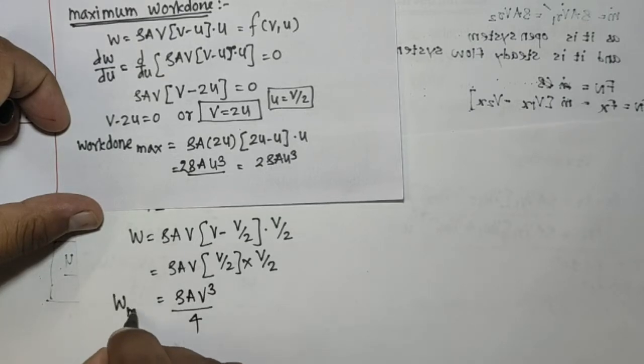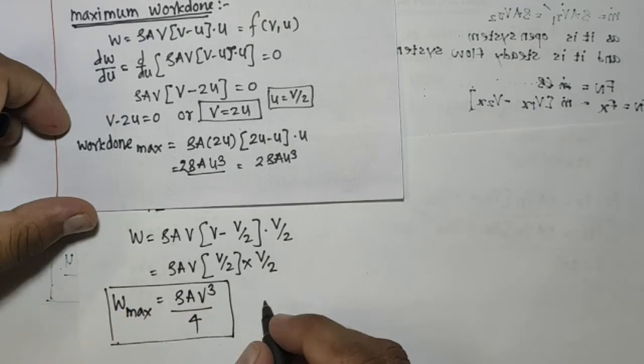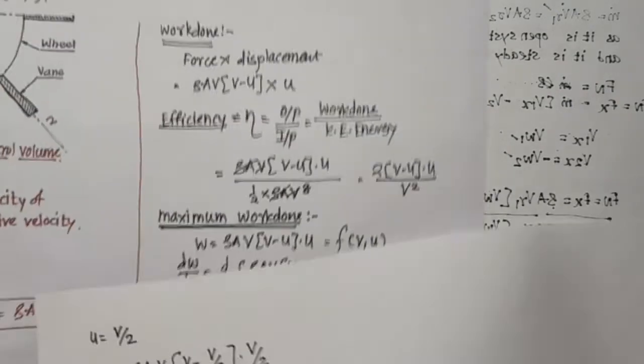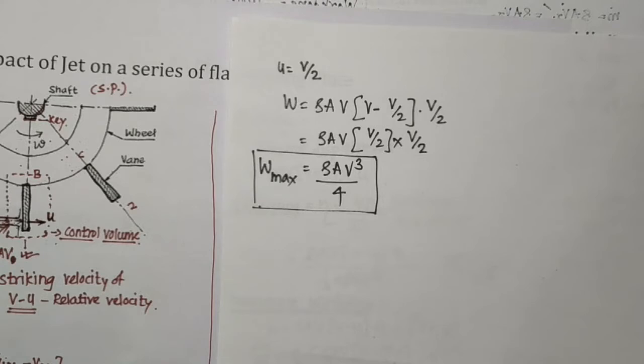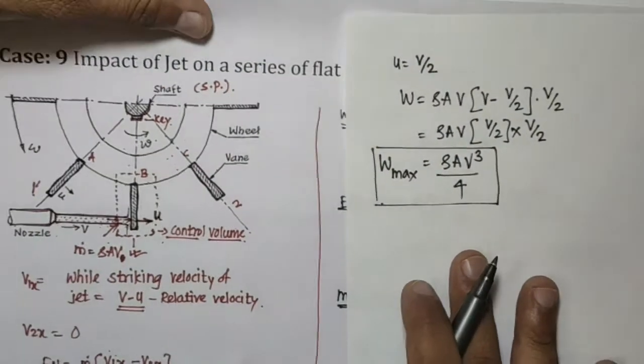So this is what we call W max in the form of V. This is all about the concept when we have to find maximum work done in the case of a series of moving flat plates.